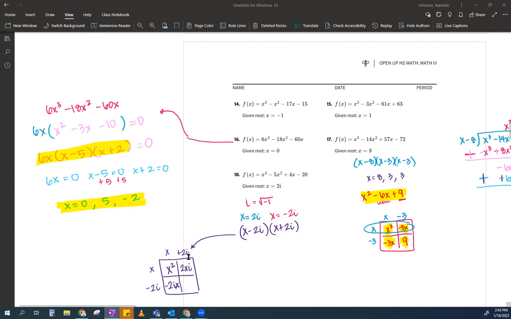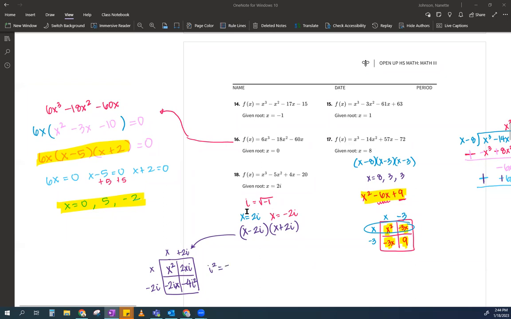What's a negative times a positive? Good. What's 2 times 2? Good. What's i times i? Good. What is i squared? Again, if i equals the square root of -1, therefore i squared equals -1.